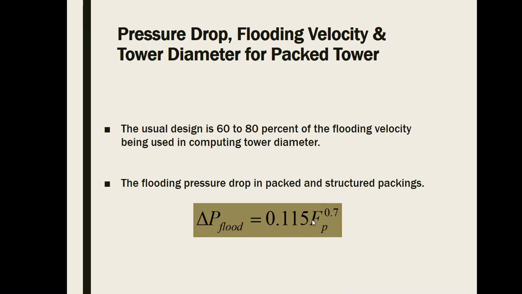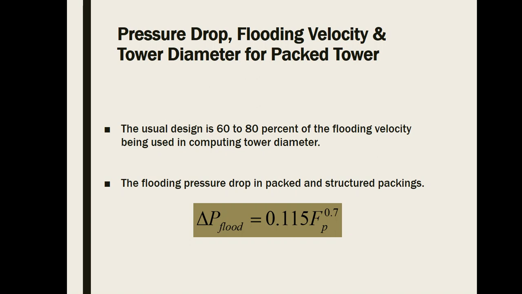Now, in terms of the pressure drop and the flooding velocity, together with the tower diameter for a packed column, the usual design is 60 to 80% of the flooding velocity. That is, we determine the flooding velocity and we multiply it by 60% of its value, to 80% of its value.